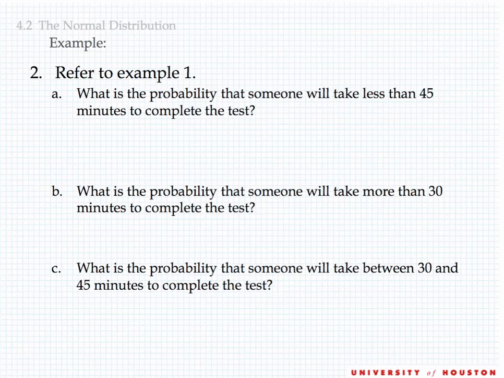So let's do an example where we have some that are not exactly 1, 2, or 3 standard deviations from the mean. We're going to refer back to number 1. Remember, this was a normal distribution with a mean of 60 and a standard deviation of 10. What's the probability that someone will take less than 45 minutes to complete the test?